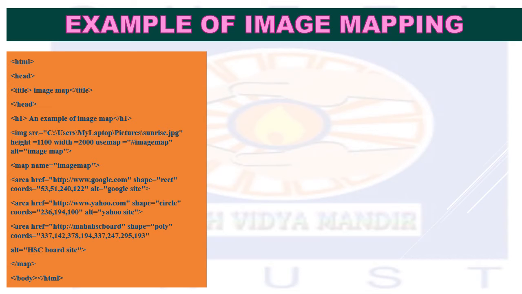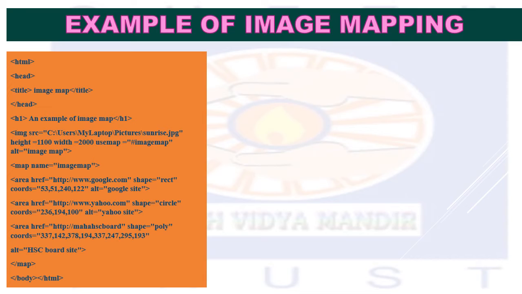Now I'll explain what this area href means. This means when I click on the rectangular shape of the image map hotspot, a Google page will open over here.